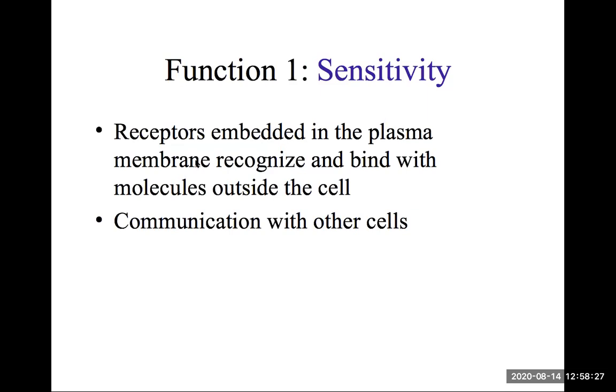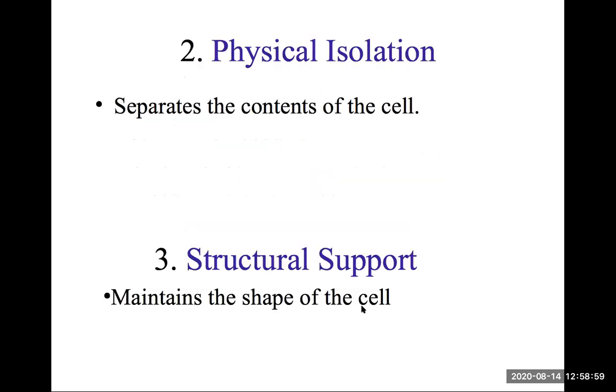So cell feeding that we'll talk about relies on sensitivity. And these same receptors can be exploited for infection purposes by things like viruses. So those receptors can be used by viruses to recognize what kind of cells they should inject their genetic material into. Okay, and so these receptors also allow communication between cells. We'll talk about that a little bit later on.